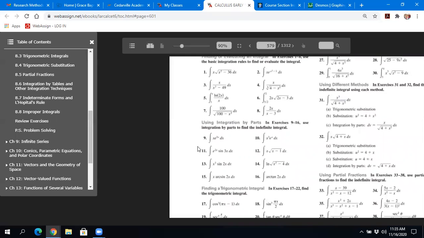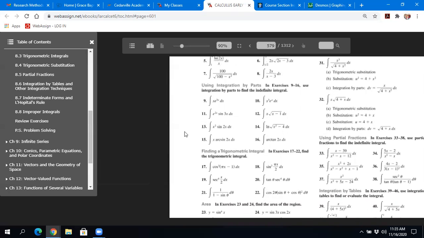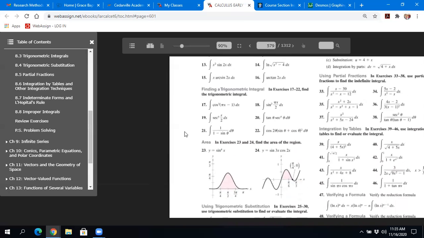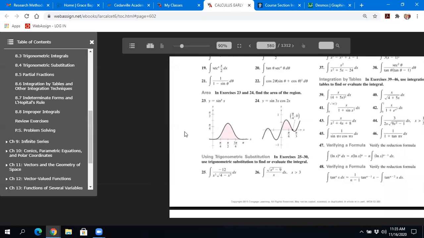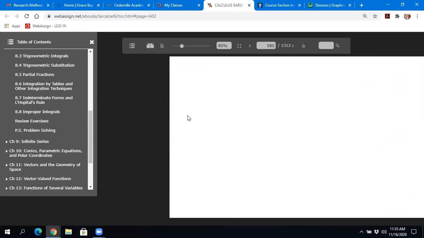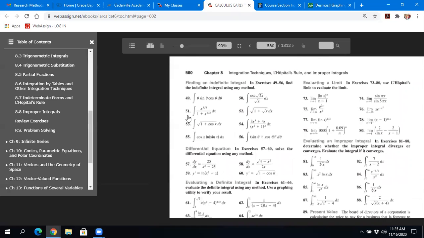Now, some of them kind of cheat. They say use integration by parts, okay? To me, that's maybe a little bit silly. I'd almost rather not be told what to do, that I would have to sort that out on my own, okay? But they have examples from each one of those sections in there. We didn't do the integration by tables section, so you can skip that. But I think there's a section in here where it doesn't tell you anything.